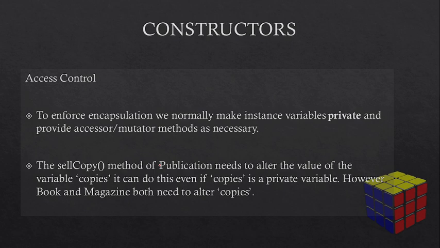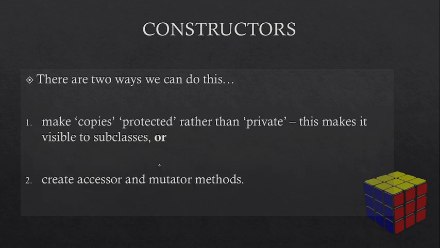So there is no problem in accessing the attribute although it is private. However, book and magazine, since they inherit, both need to alter copies. But they have no access, because the copies variable only exists, or its scope is only, in publication.